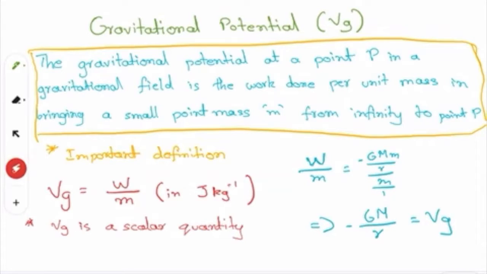So we can substitute that in the place of work done, and then we get this, which simplifies into this as the mass cancels out. So now this is our new equation for gravitational potential. There's one important thing about this quantity, and that it's a scalar quantity. And we'll see why that's important later.